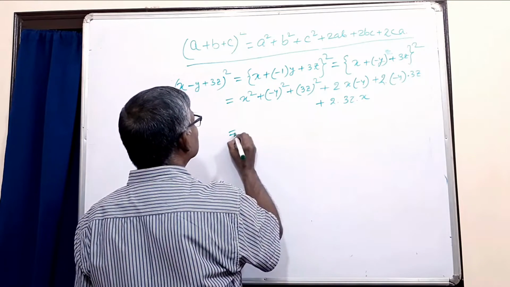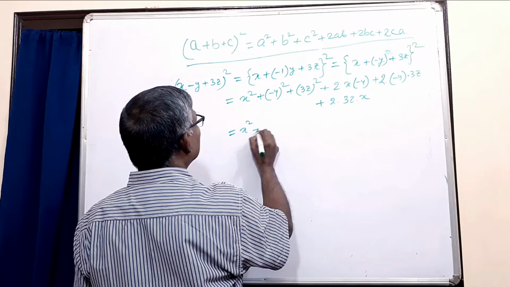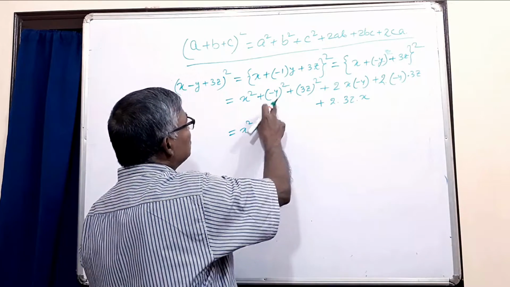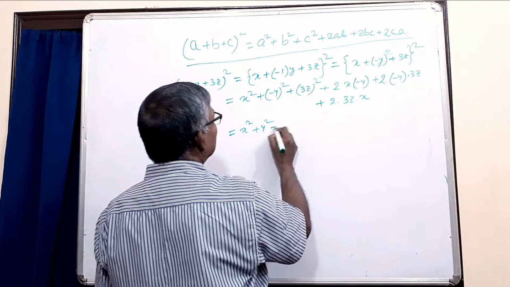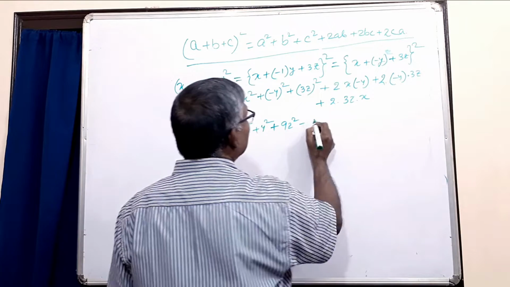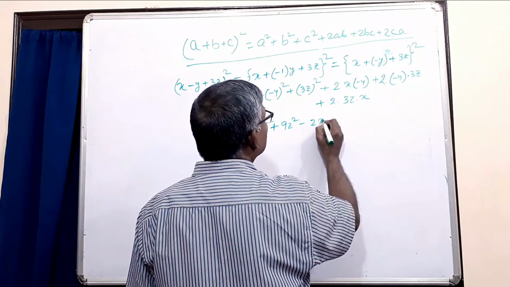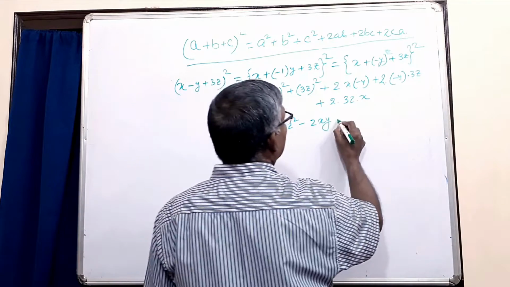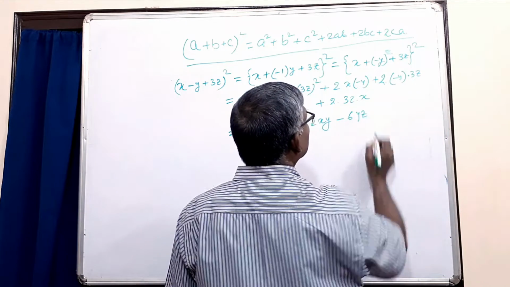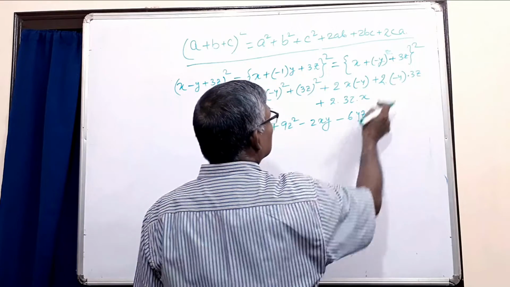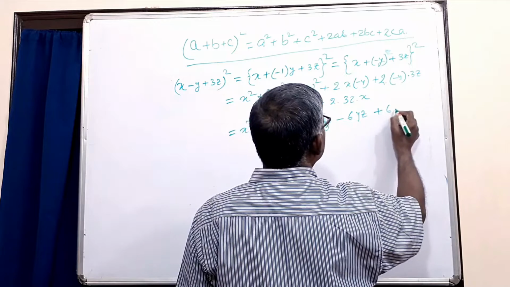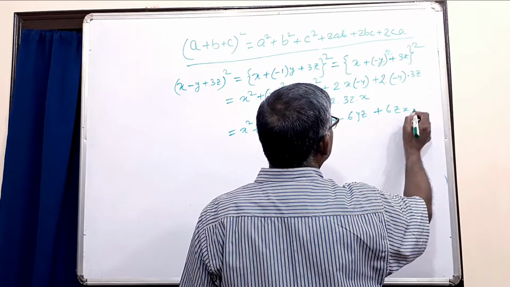So it is x square plus y square, minus y whole square is y square, it is 9z square minus 2xy minus 2 into 3 minus 6yz. Here is minus y, so minus 6yz and it is 6zx.